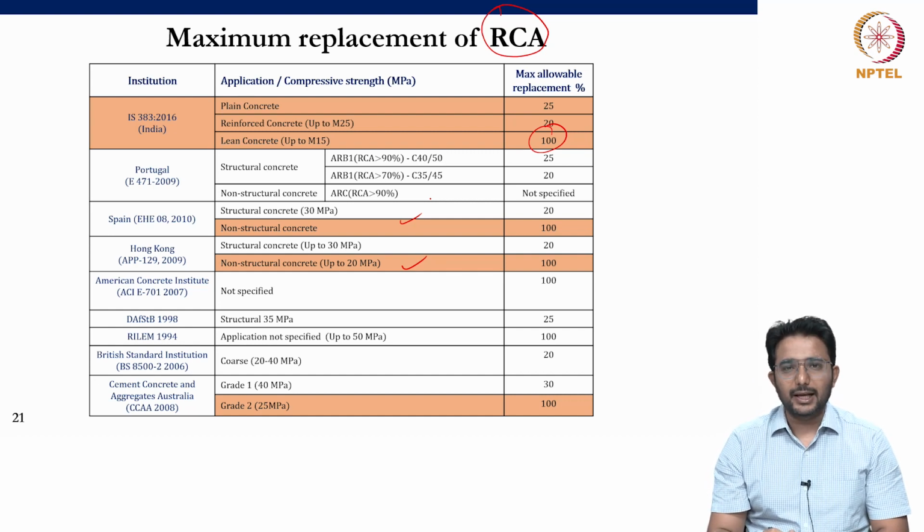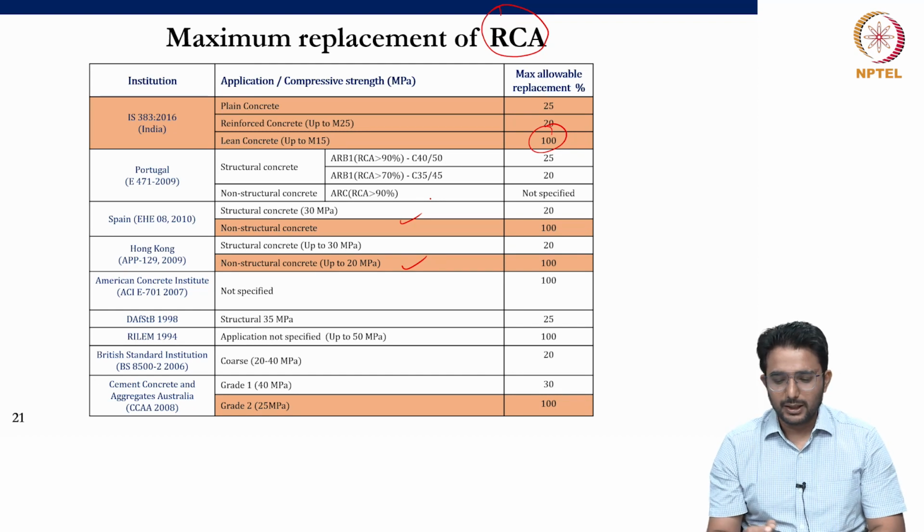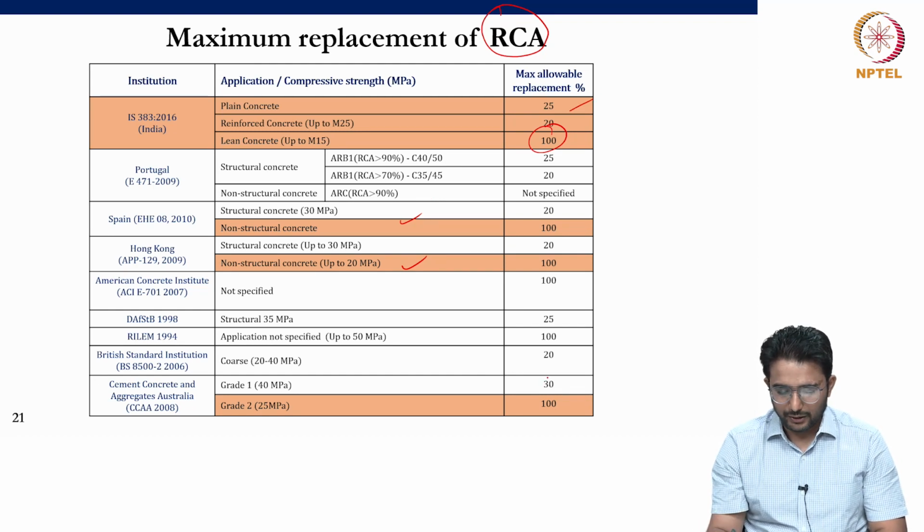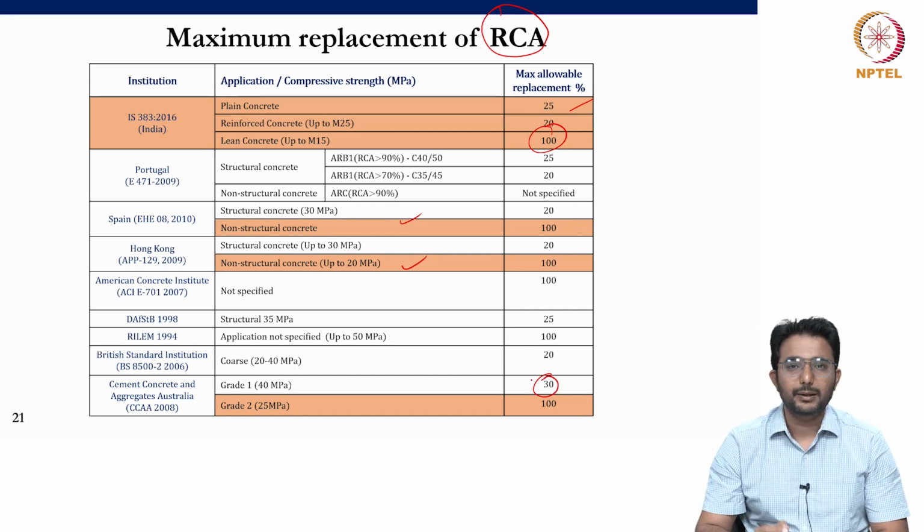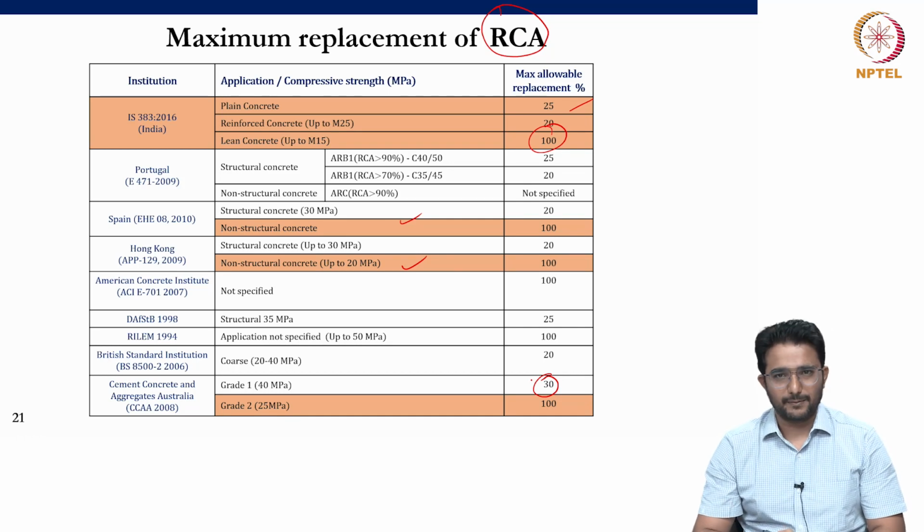When it is used for plain concrete systems, the replacement level is mostly around 30%, and if it is used for reinforced concrete systems, the percentage replacement reduces. That means we cannot fully replace the natural aggregate with recycled concrete aggregates.